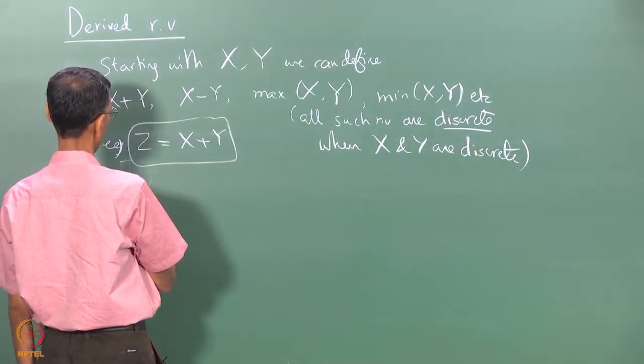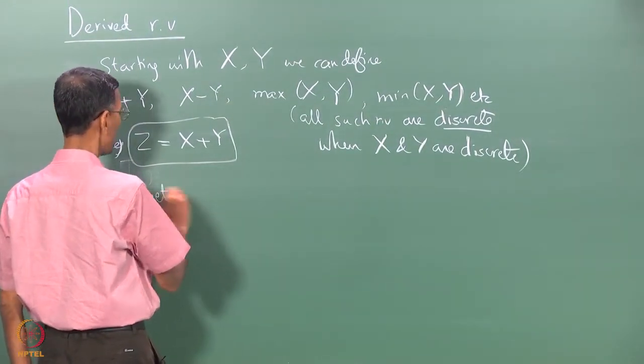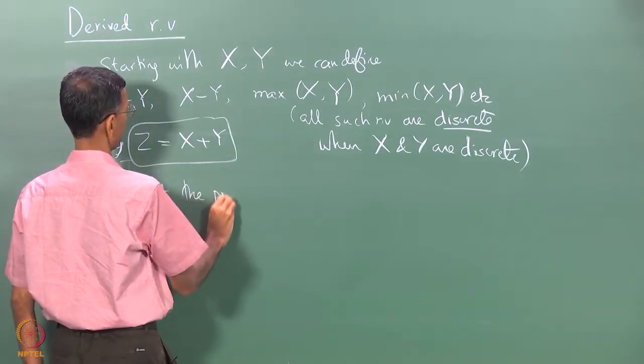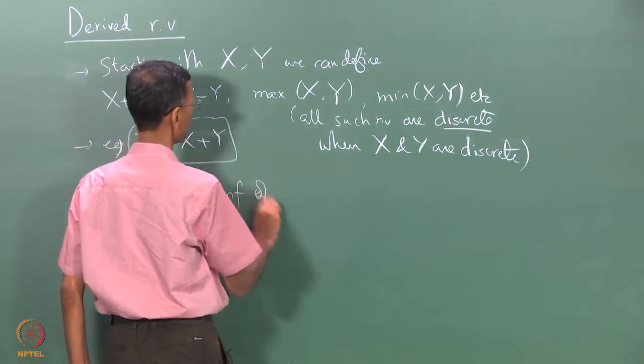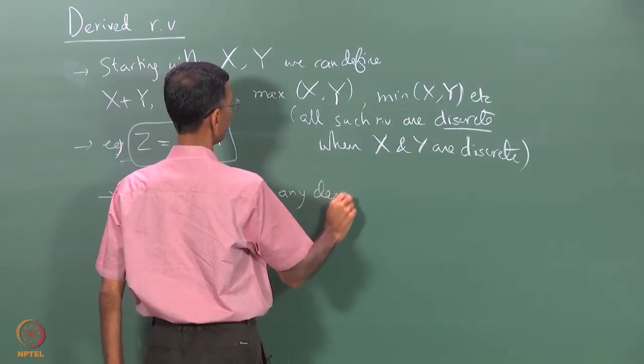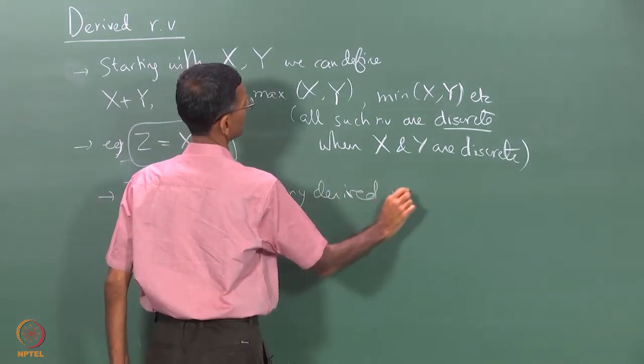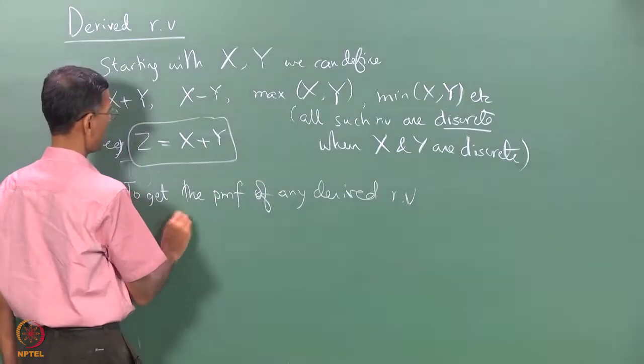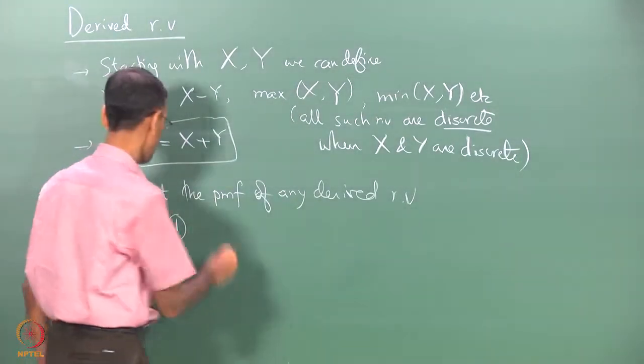and we pointed out that we could get the PMF of z, or of any derived random variable. What are the two steps? The first step is to determine omega for that random variable.